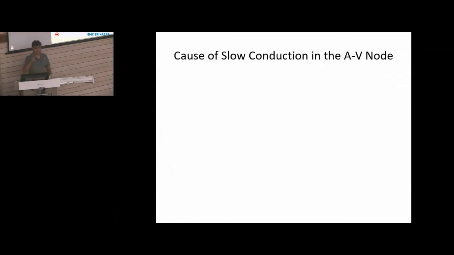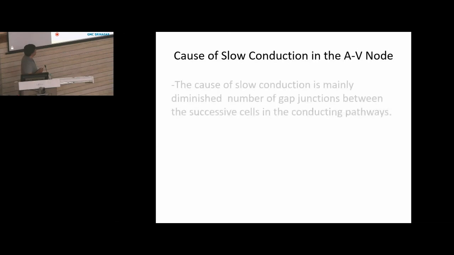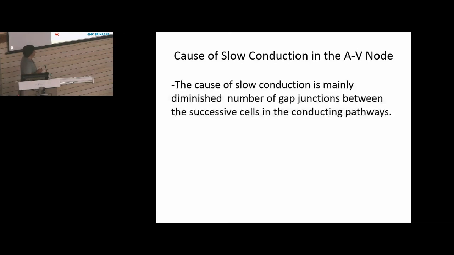Now, what is the cause of this slow conduction in the AV node? How does this AV node delay the conduction of the impulses? What can be the probable cause of slow conduction of impulse through the AV node? They say the cause of slow conduction is mainly because of a diminished number of gap junctions between the successive cells in the conduction pathways.